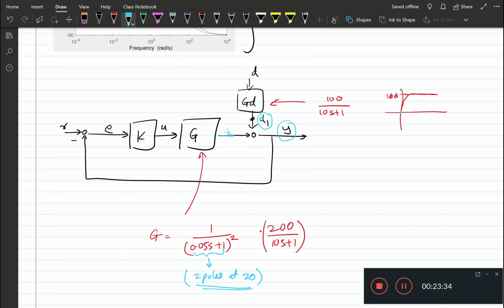And because the controller, let's say, is designed for good disturbance rejection, it has to be extremely fast. This instantaneous step at the reference causes the controller to react extremely quickly, thereby causing an overshoot.